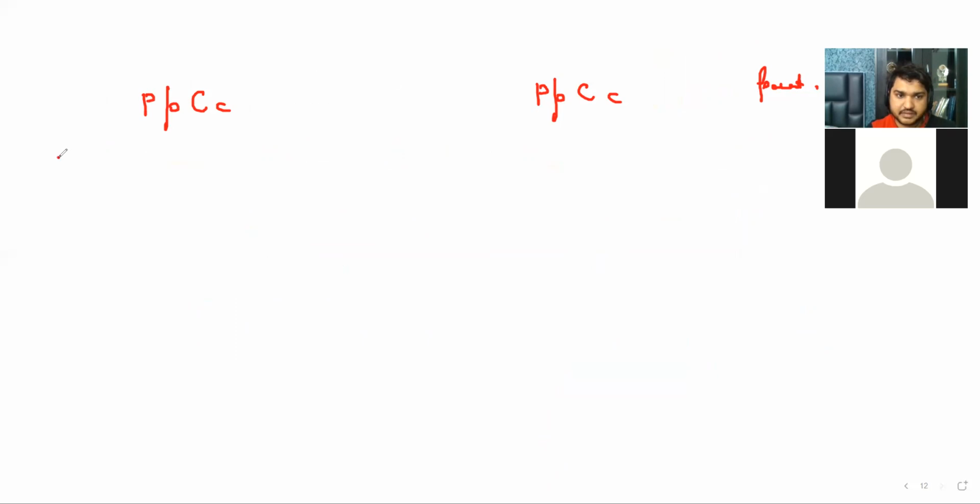Can you tell me the first gamete? PP and CC, what are you doing? A gamete should be half. I told you a gamete is formed like this.